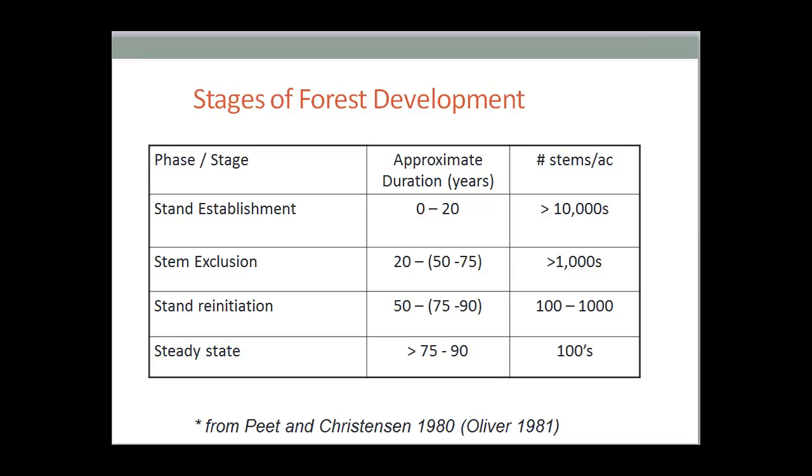So you can see those durations. Typically the duration is on the order of 20 to 50 years, and the change in the number of stems is often 1/10 as we move forward from one stage to the next stage.